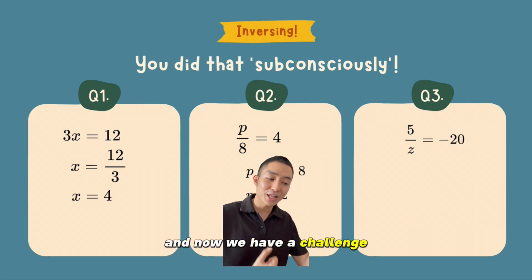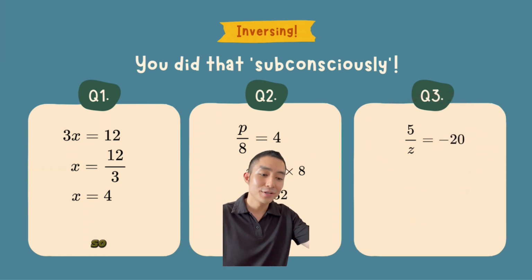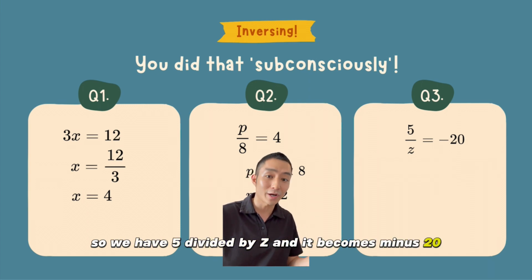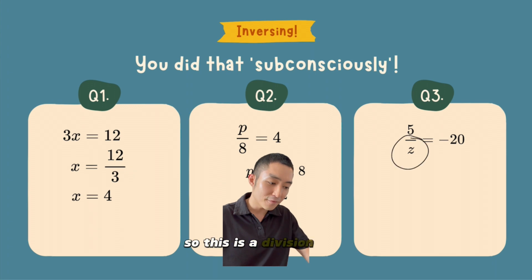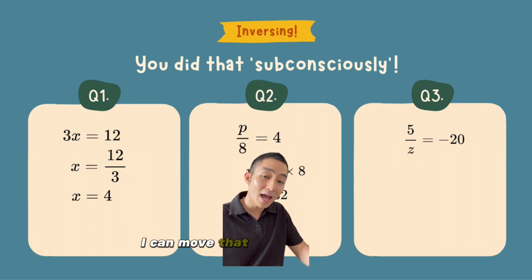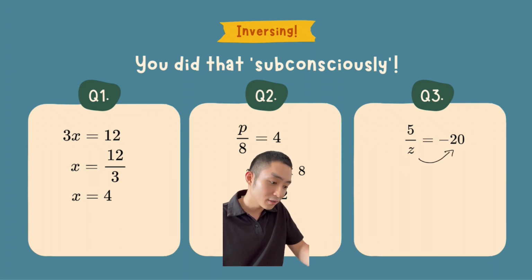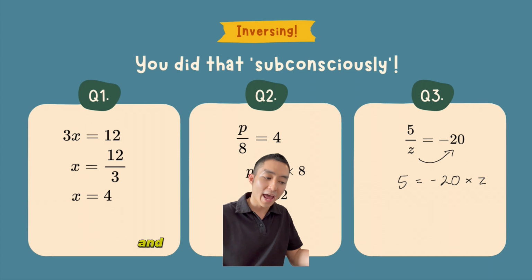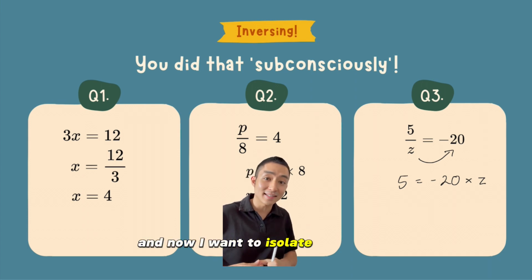Now we have a challenge and we can do this together. We have 5 divided by z and it becomes -20. So this is a division by z. I can move that into a multiplication. So 5 equals -20 multiplied by z. Now I want to isolate the z alone.